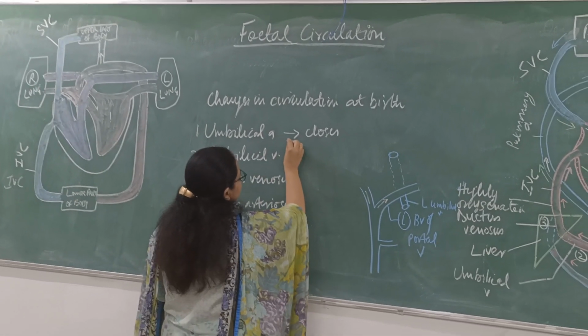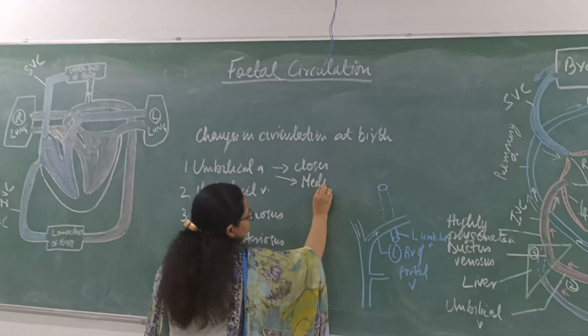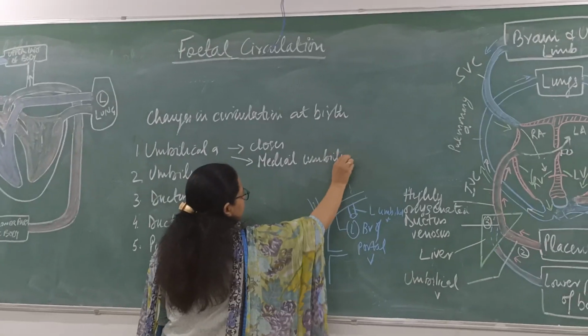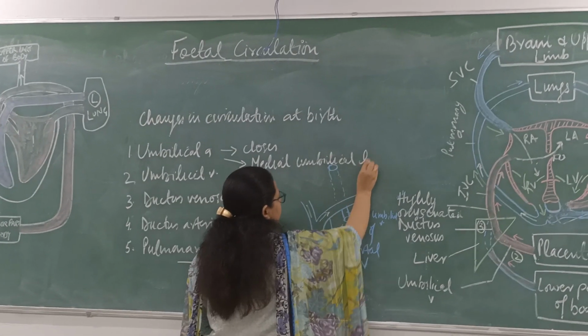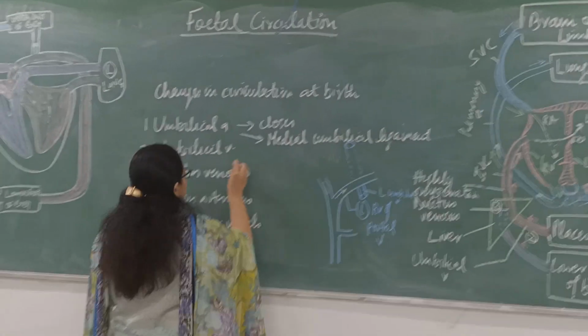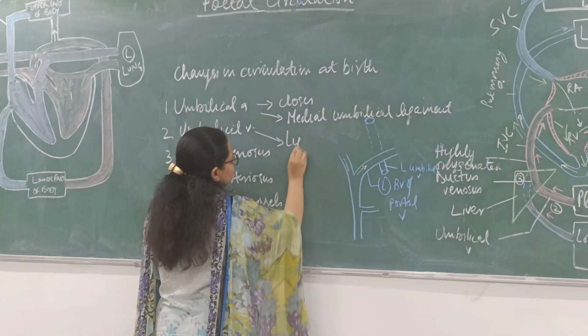The umbilical artery forms the medial umbilical ligament. The umbilical vein forms the ligamentum teres of the liver.